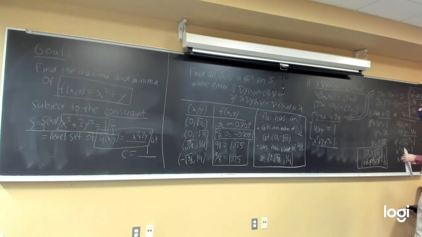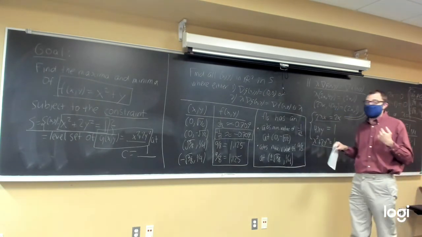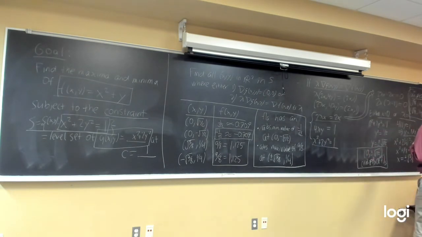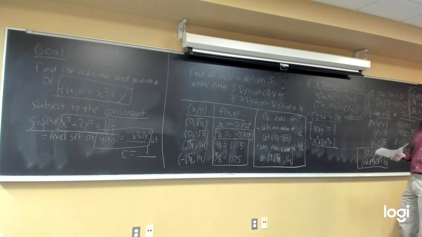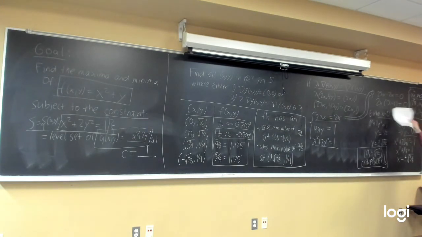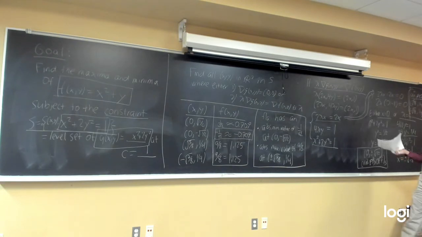We found 4 solutions to this system of equations. We said if lambda is equal to 1, meaning the gradient of g and the gradient of f are equal to each other, we found a couple of points on S that would do that, namely square root of 7/8 comma 1/4 and negative square root of 7/8 comma 1/4. And we also found that if x is equal to 0, y is equal to either plus or minus square root of a half, then there's going to be some lambda.